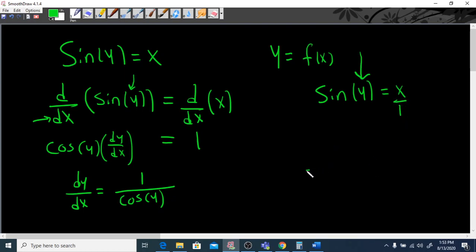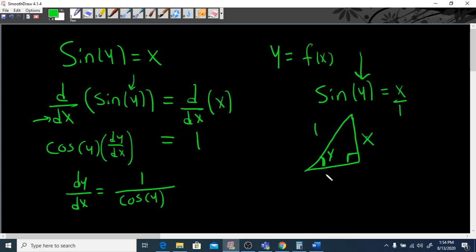Set up a triangle. The angle's y, and we know that the sine is x over 1. Let's remember what sine is: the opposite over hypotenuse. So opposite is going to be x, and hypotenuse is going to be 1.